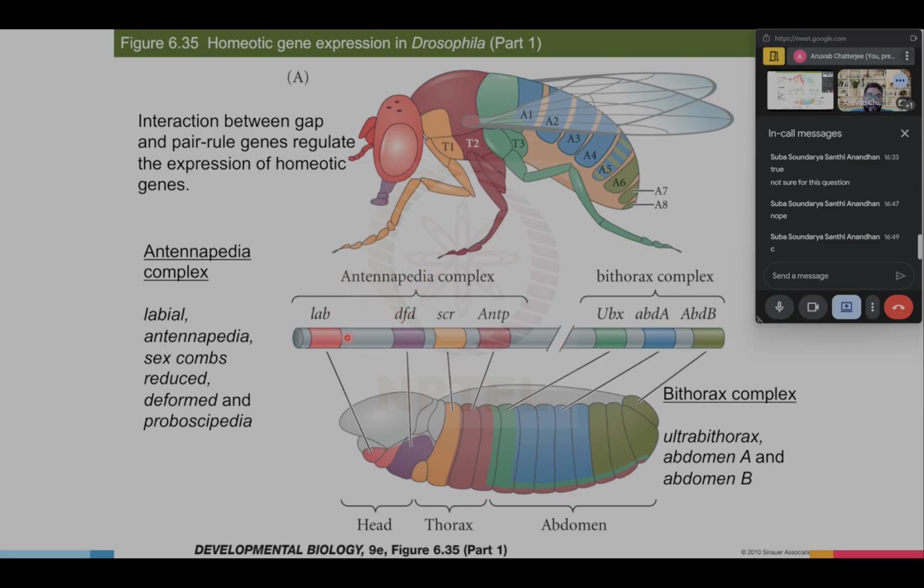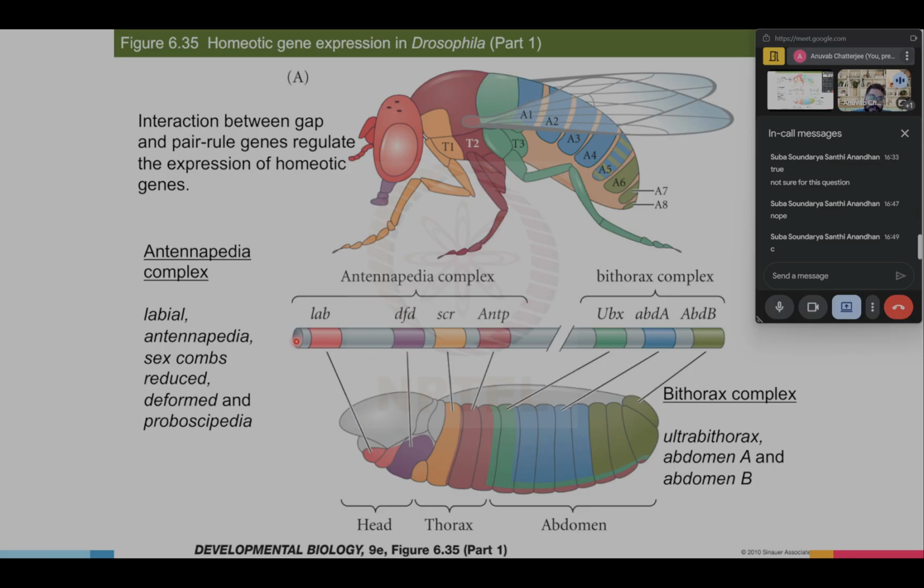So for example, the antennapedia complex, which essentially you can see labial, which patterns the head region, DFD, which patterns the last head region, sex combs reduced, which patterns the T1 region, antennapedia, which patterns the second thoracic segment, and similarly the bithorax complex, ultrabithorax, patterns T3, followed by ABD-A, abdominal A, patterning A1 to A4, and finally ABD-B patterning A6 to the end.